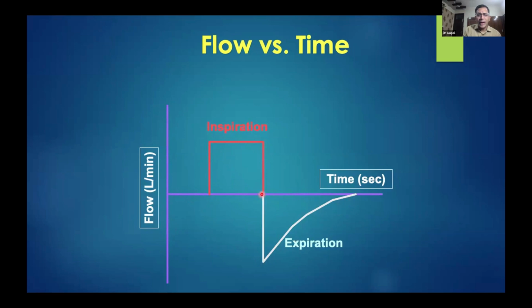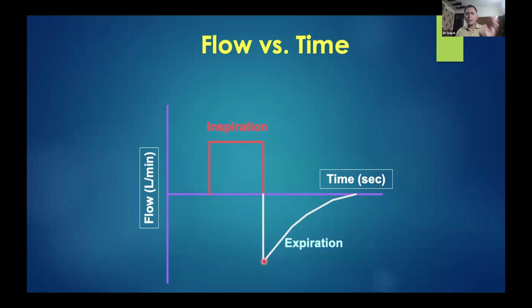So again, I time here will be this completely. This is Ti, and this whole from this point to this end is the Te. So I time and E time on the x-axis, and this maximum flow is the peak inspiratory flow rate, and the maximum flow on the expiration is the peak expiratory flow rate.